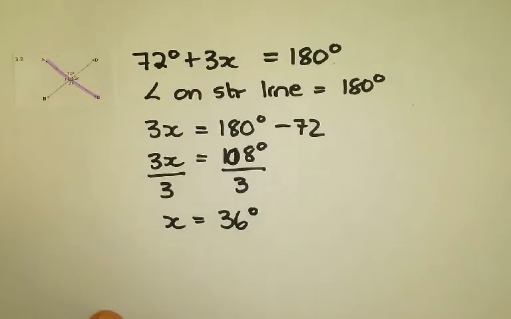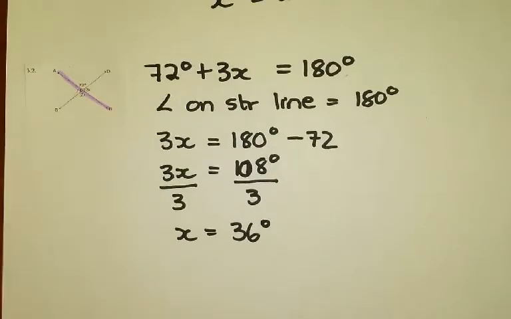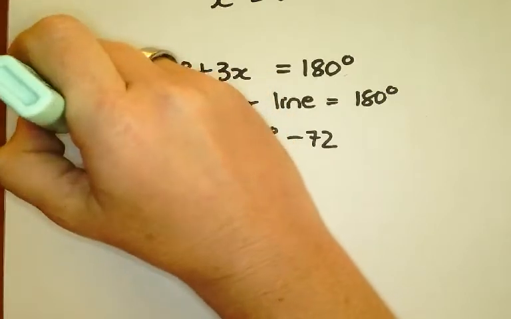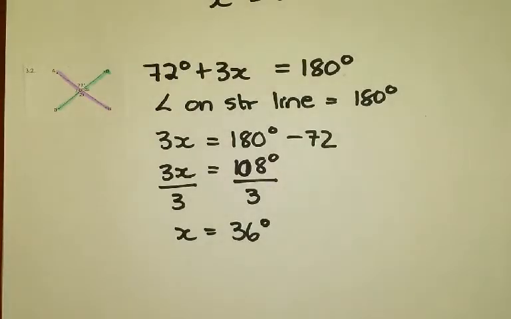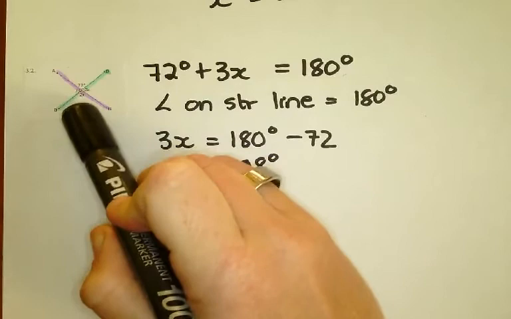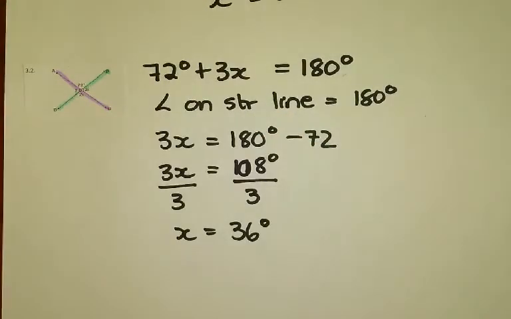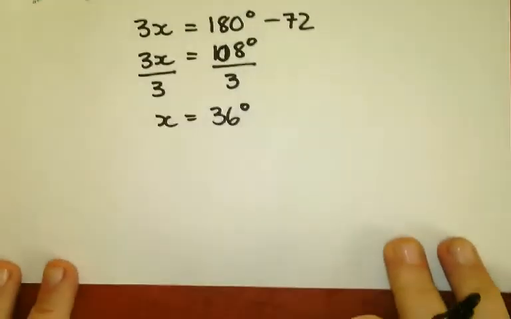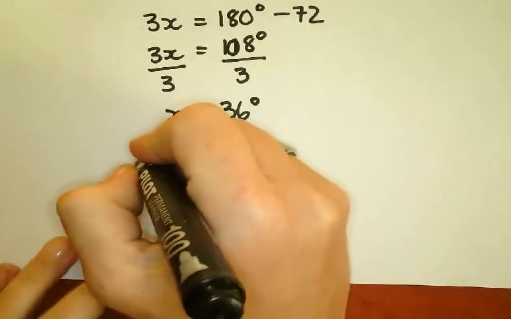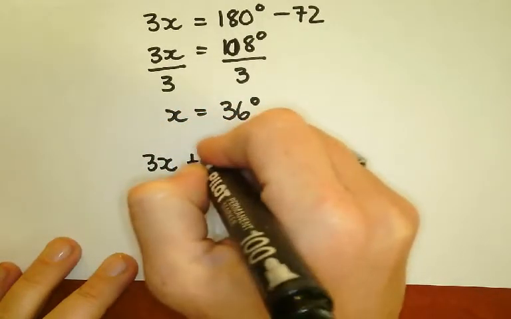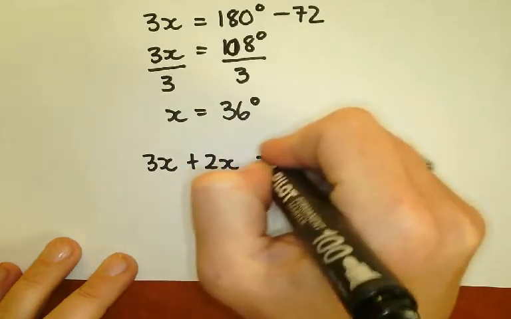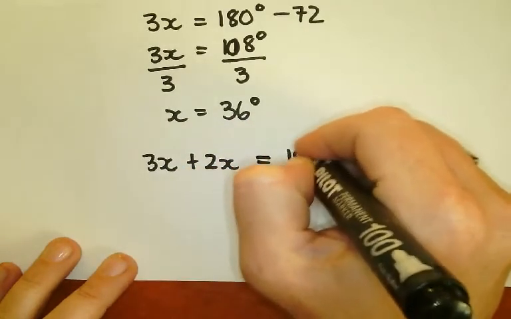The other way we could solve for x would be to use this straight line here, BD. And if we used BD, then 3x plus 2x equals 180. So let's do option 2. So we're going to have 3x plus 2x equals 180 degrees.